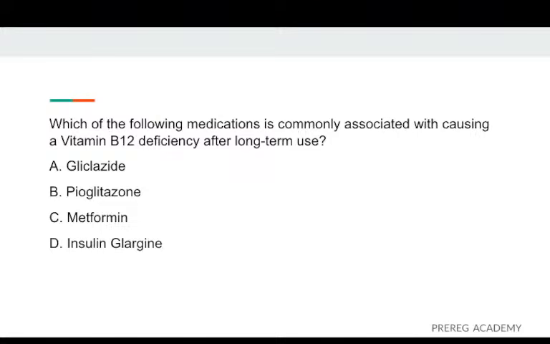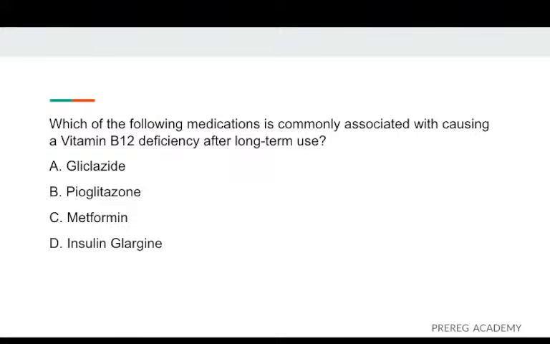Metformin, yes, metformin could cause gastrointestinal disturbances. So abdominal pain is a side effect of metformin. Vitamin B12 deficiency is a side effect of metformin. And that's why we say if patients do not tolerate metformin due to the GI disturbances, they should be switched to a modified release preparation.